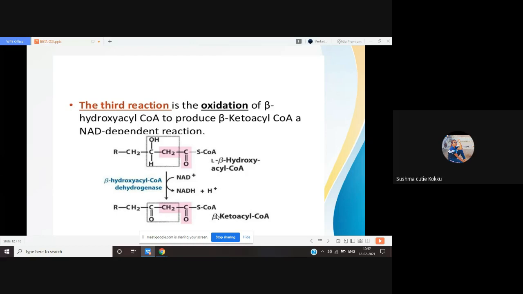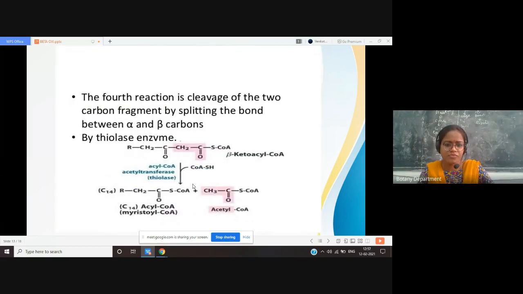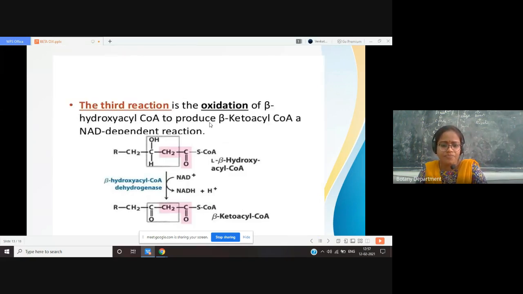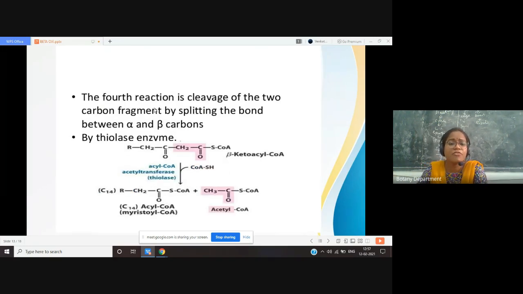Next, the last, fourth step, is cleavage. The product formed here, beta keto acyl CoA, is cleaved. Cleaved means broken down. The fourth reaction is cleavage of a two carbon fragment by splitting the bond between the alpha and beta carbons. Cleavage is nothing but breakdown.